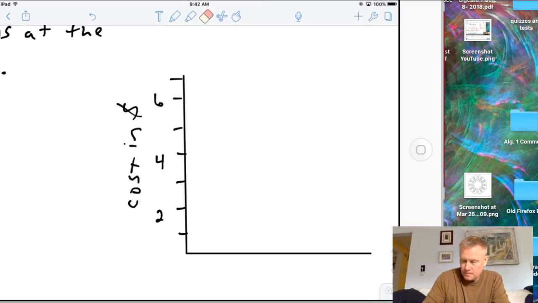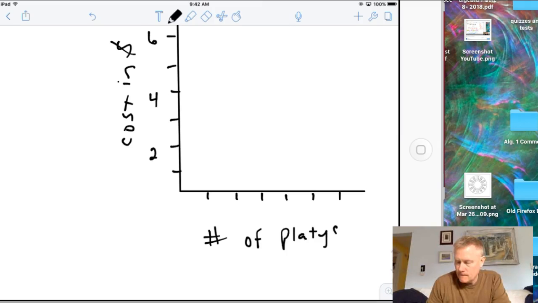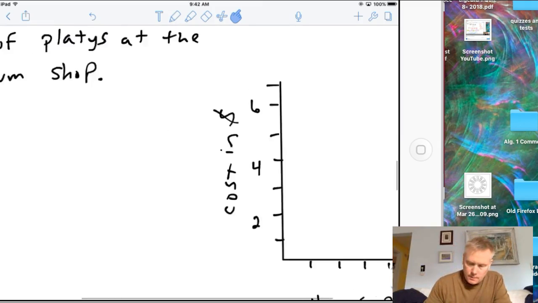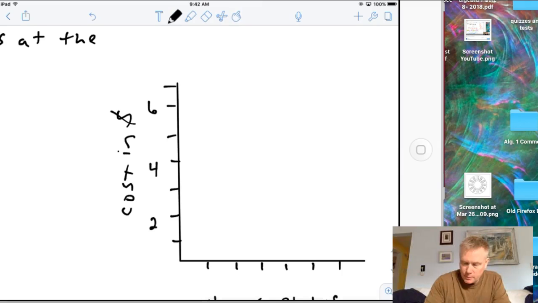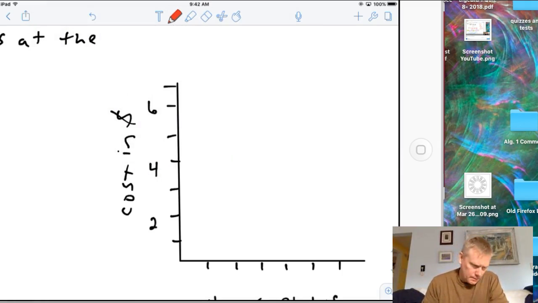Down here on the bottom, this will be the number of platies. Okay, and let me put some points on here, make it red so it can stick out.